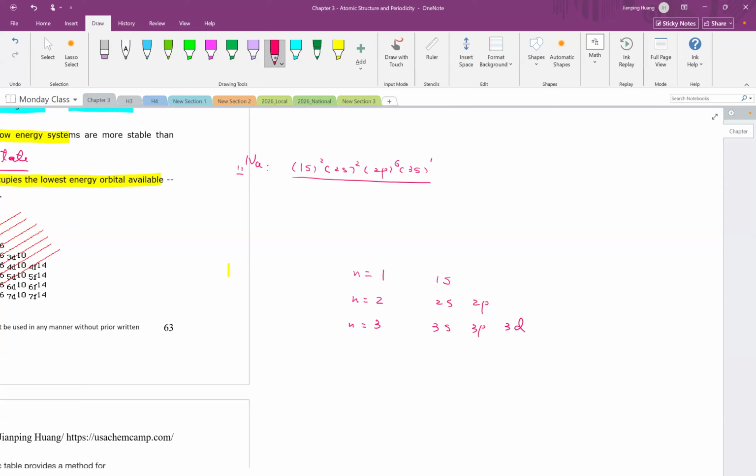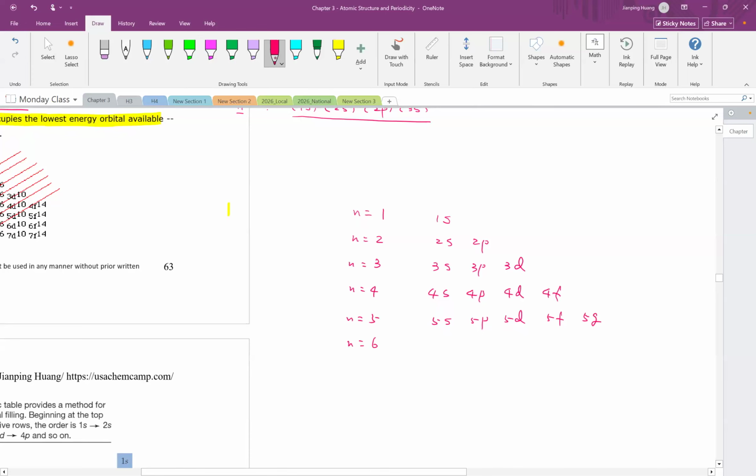Now I'm going to finish the rest. N equals 4: 4s, 4p, 4d, 4f. N equals 5: 5s, 5p, 5d, 5f, 5g.